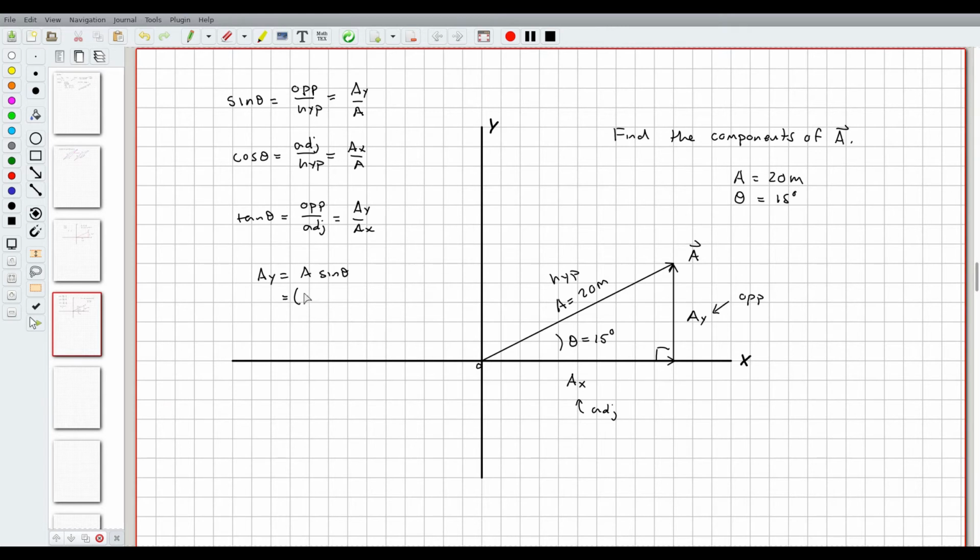You plug your numbers in, make sure your calculator is in degree mode, and if you do the math, you should get something that looks a little bit like, I don't know, 5.18 meters. Now, if you look at the adjacent part right here, that's cosine.